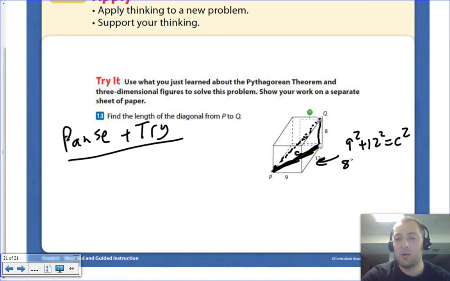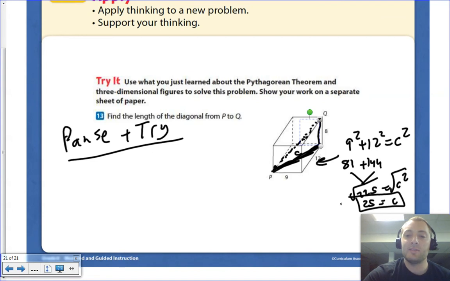That's 81 here. That's 144 here. Those two add together, do it on a calculator, you get 225. 225 equals c squared. Square root of 225, c does equal 15. Okay, that's not our final answer.